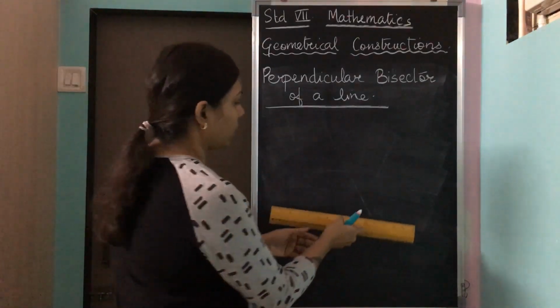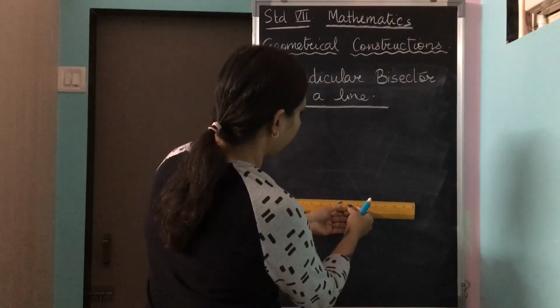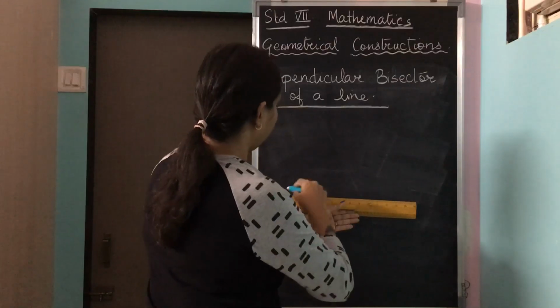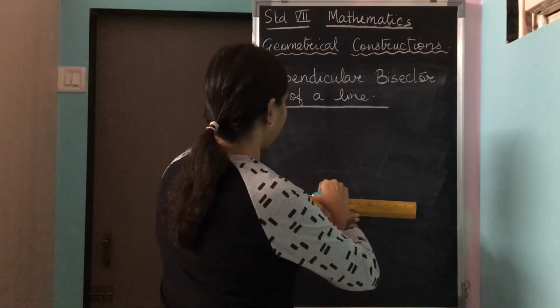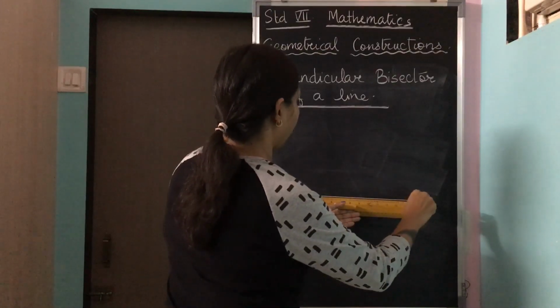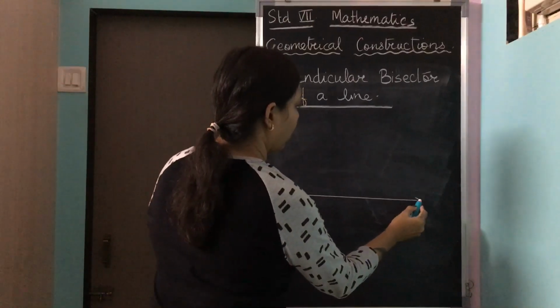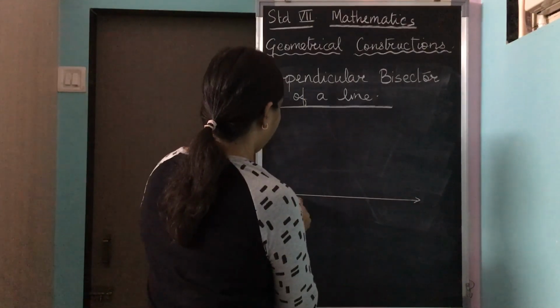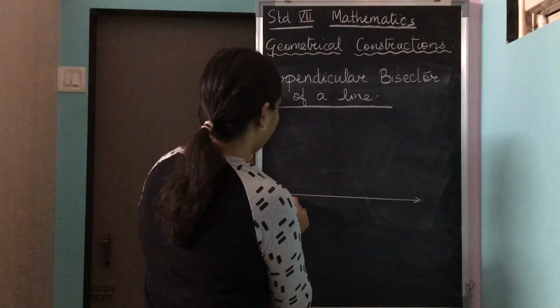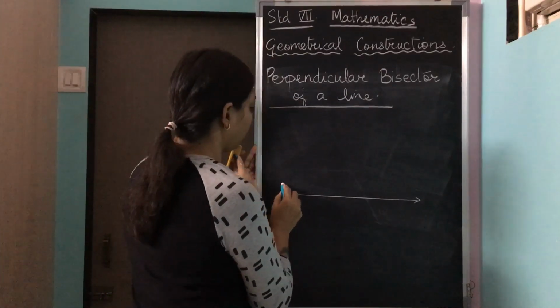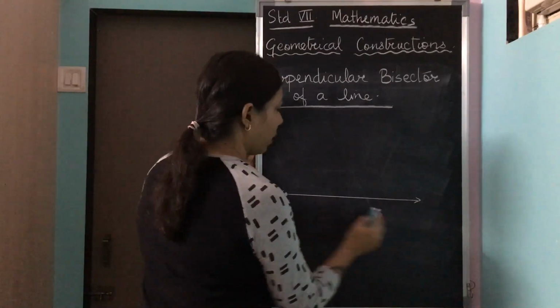Okay. So suppose I am taking a line over here. Say suppose this is line AB.